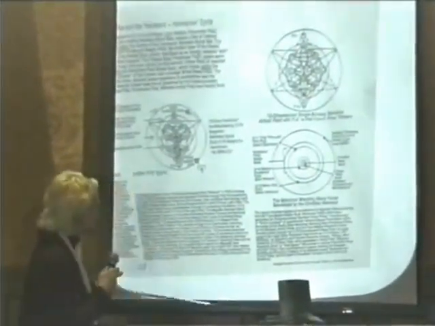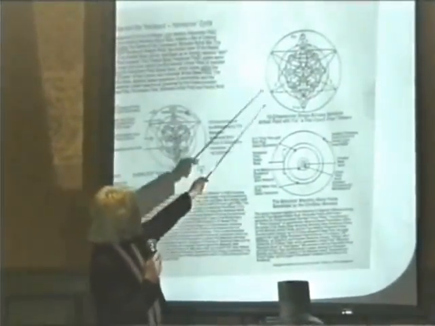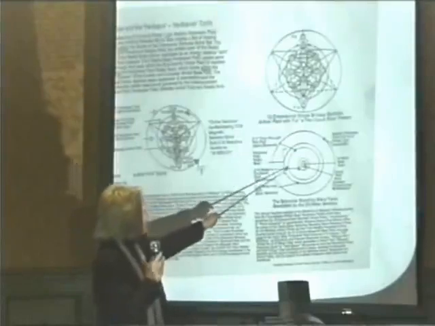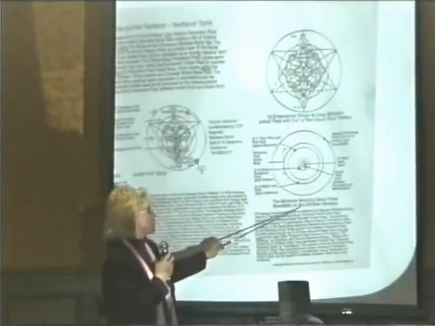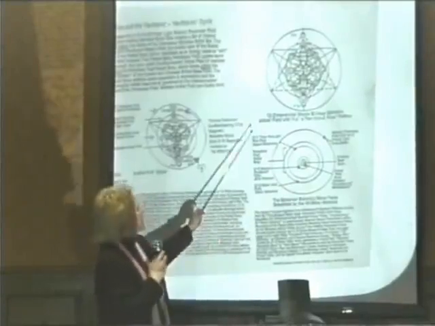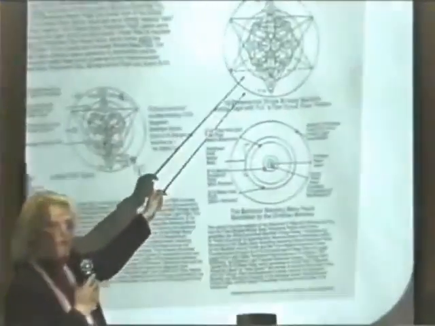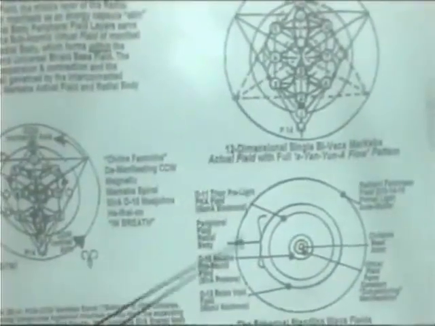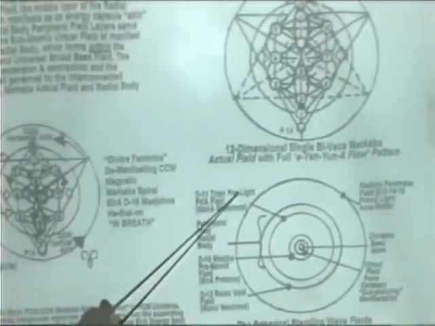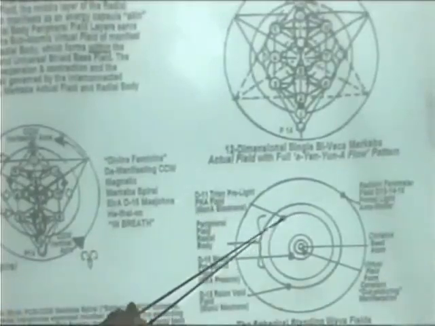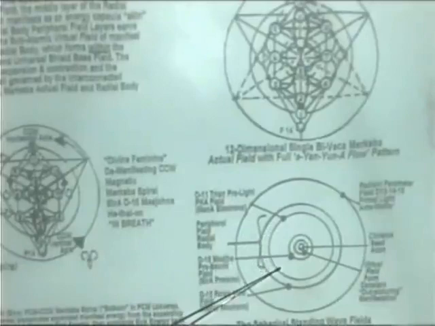I'm back. Okay. So to make it easy, what we've got so far here is the spherical standing wave fields that are generated by the Christic Merkaba. All right? Remember, the Merkaba is the actual field. That's the actual field that's spinning to generate the rest of them. You have here your D11 trion pre-light particle field, which is composed of Man-A electrons.